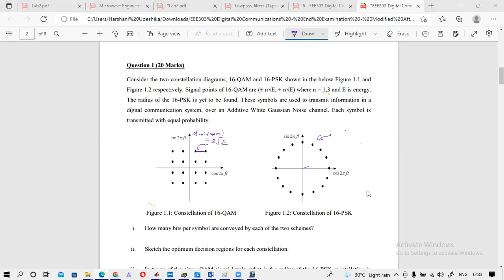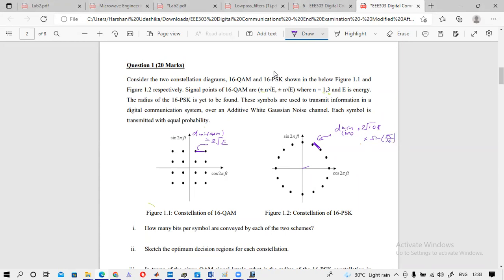I'm not sure, but it should be less than that. So the minimum distance between these 2 points in any M-ary PSK, you will have 2 root Es, here it is 10E, times sine π by M, where M is here 16.